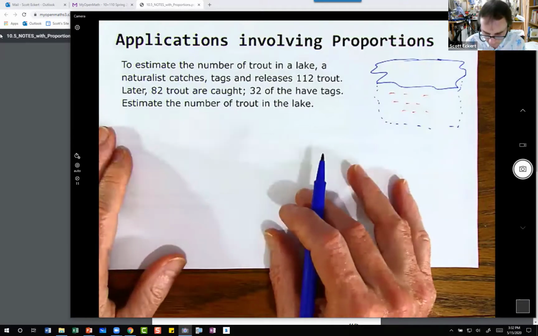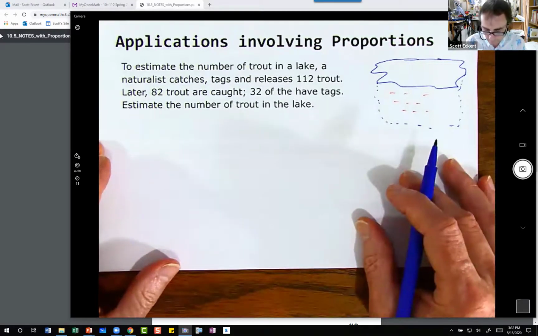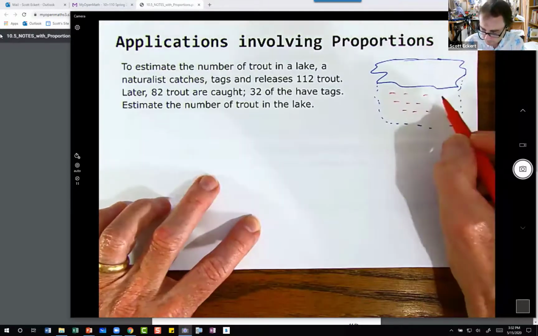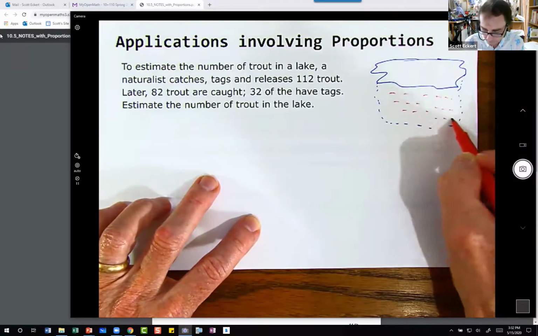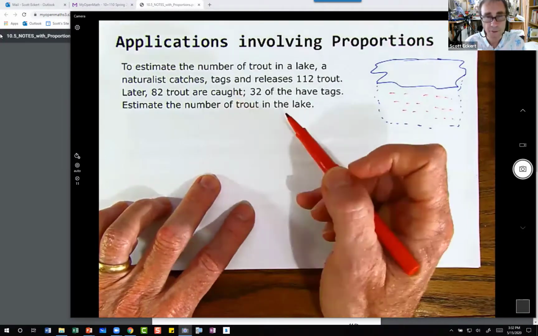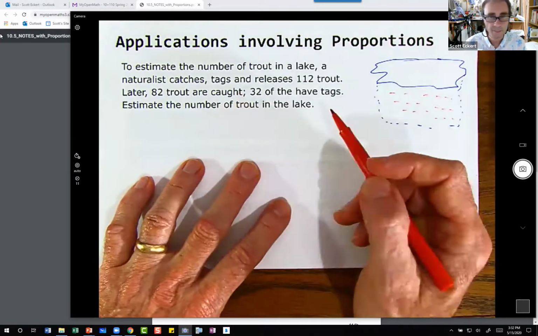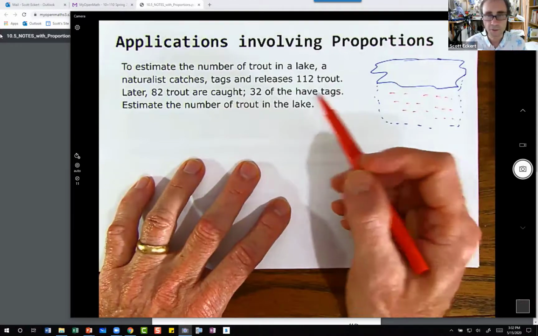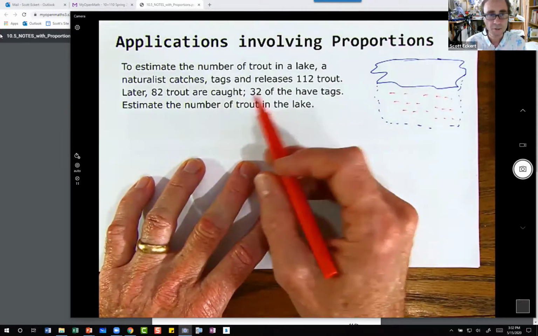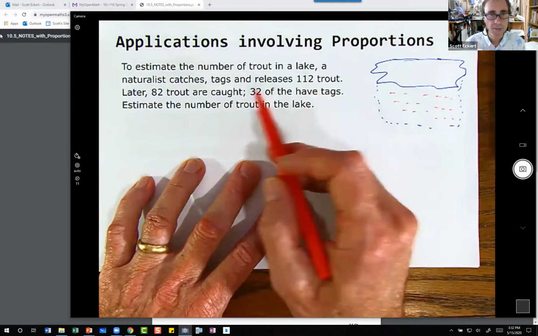Well, here's a strategy. If you have all these trout, the biologist can go out there and he can go fishing. Can maybe take some nets or fishing hooks or something and catch the trout. And when he catches a trout, he can put a tag on it.